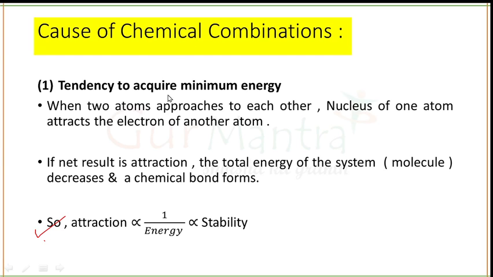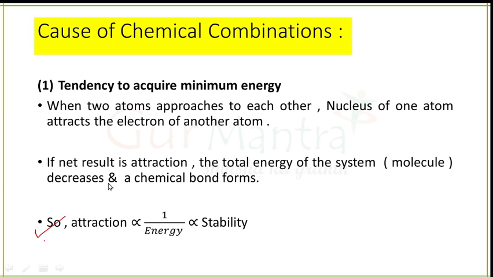So basically, when two atoms approach each other, nucleus of one atom attracts the electron of another atom. When two atoms are combined, nucleus of one atom attracts the electron of another atom. If this net result is attraction, then the total energy of that particular molecule will decrease.